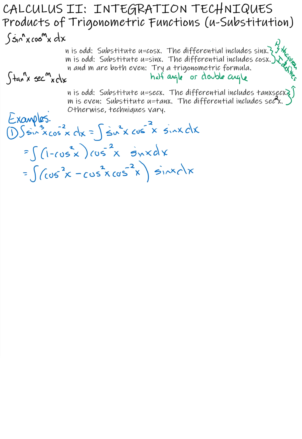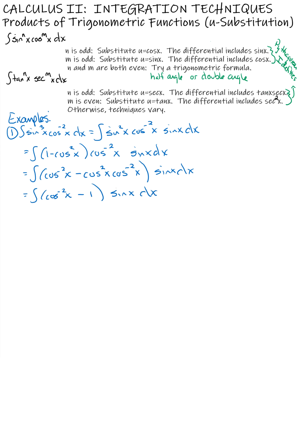Next thing, notice if I multiply cosine raised to the positive 2 of x times cosine raised to the negative 2 of x, multiplying those just gives us a 1. Isn't that lovely? So this is cosine to the negative 2 of x minus 1 in there.